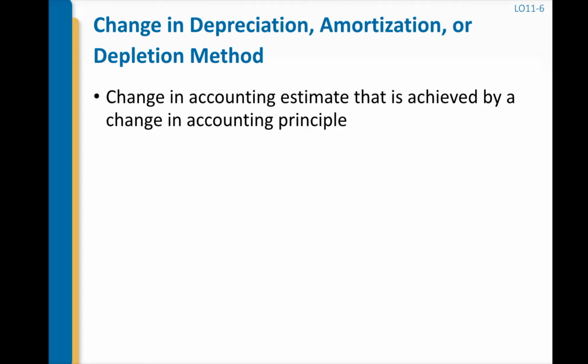So this is a couple of special cases, depreciation, amortization, and depletion method changes, where you have an accounting estimate change, but you have to change an accounting principle in order to change the accounting estimate. So basically you need to know, do I treat this like a change in estimate, or do I treat this like a more significant change in principle?